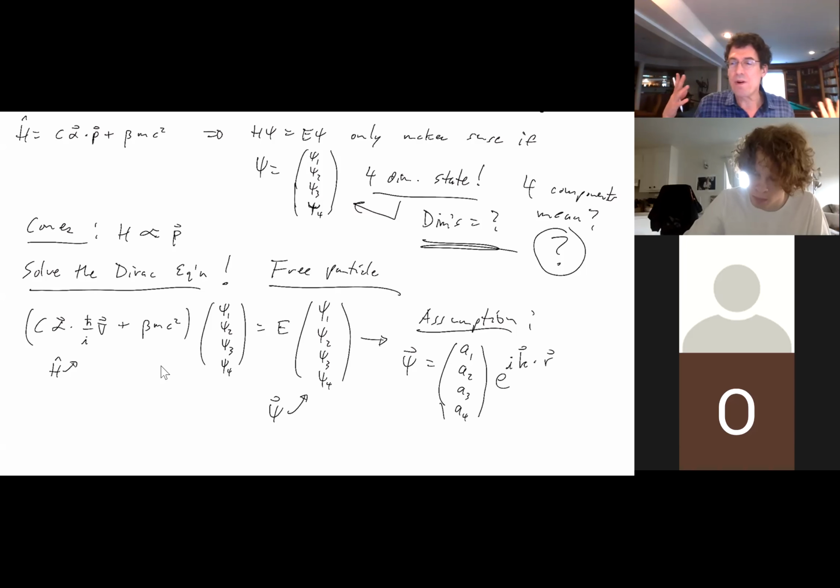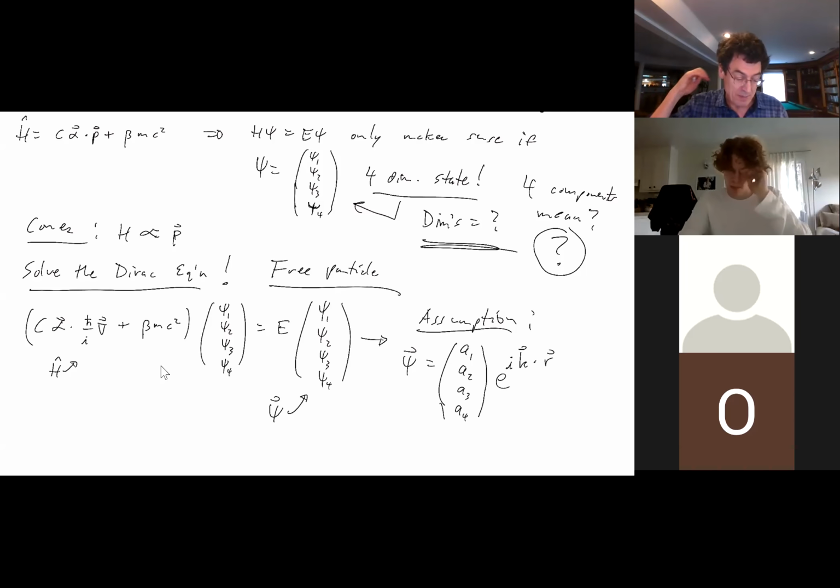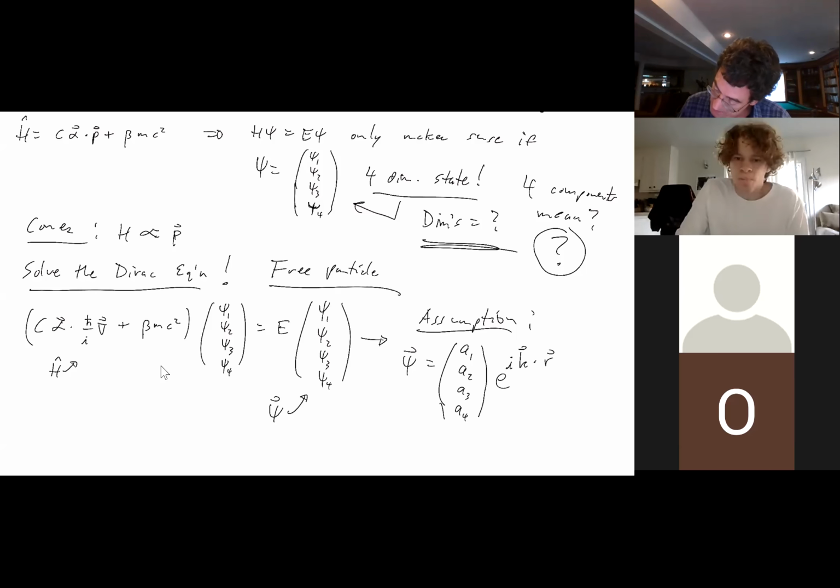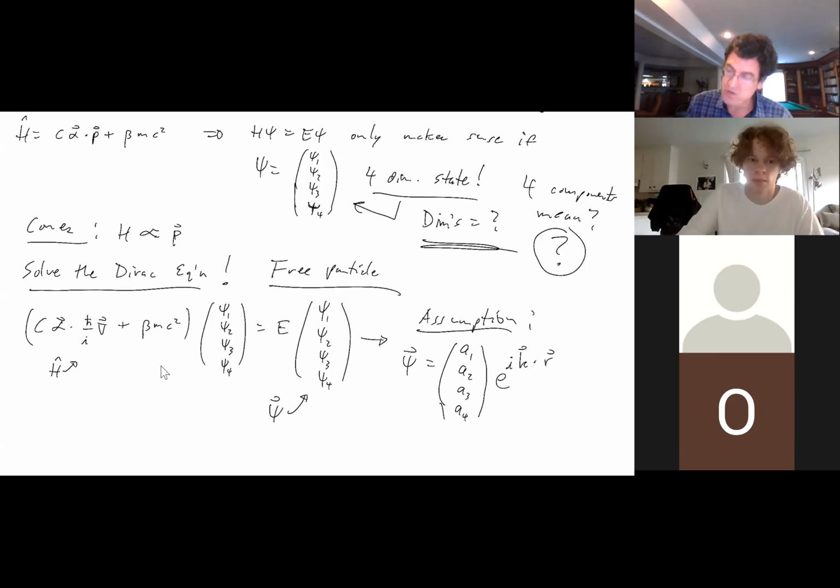Because we know that free particles are plane waves, right? And so this motivates this type of solution. So let's assume this form, and once we have this form, what do you think we're going to do next? Yeah?